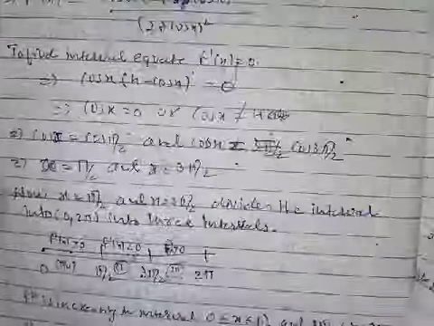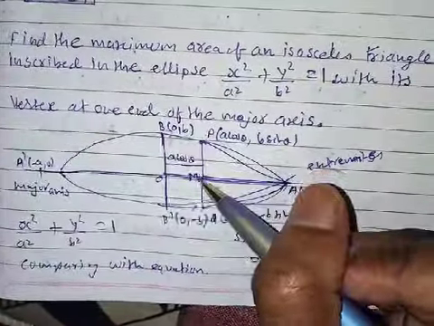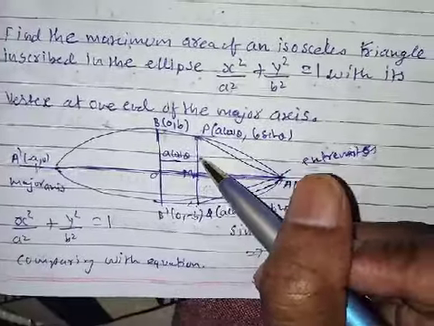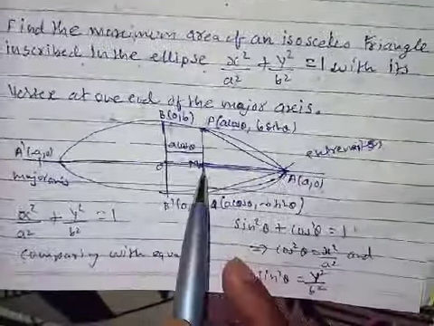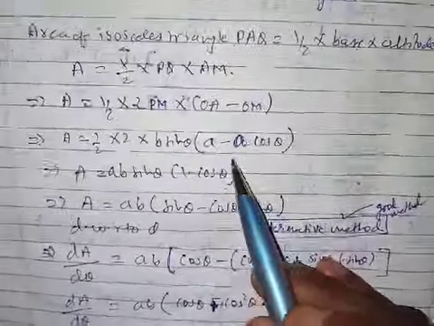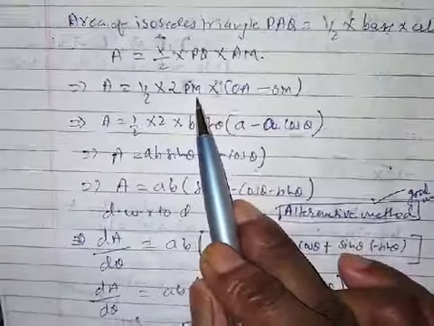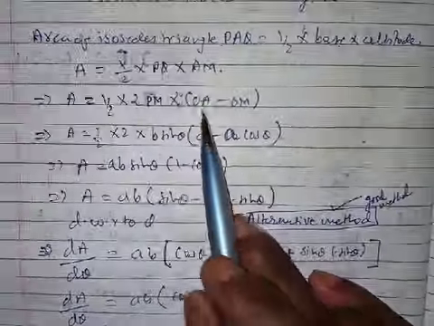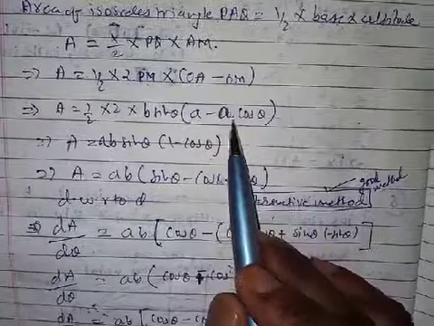PM is b sin theta. And OM is a cos theta. So you substitute the value: PM is b sin theta, AM is OA minus OM, where OA is a and OM is a cos theta.